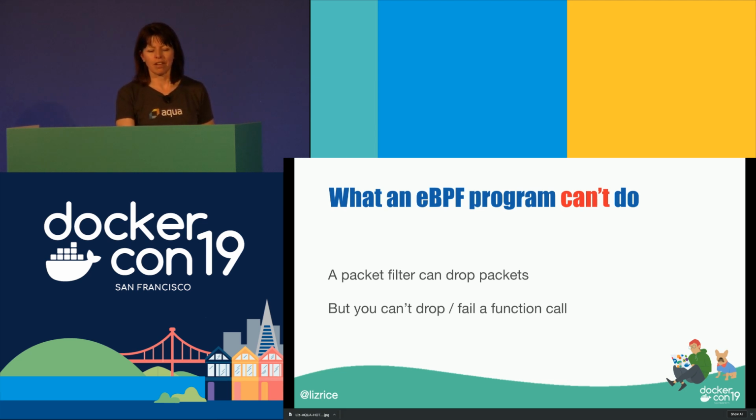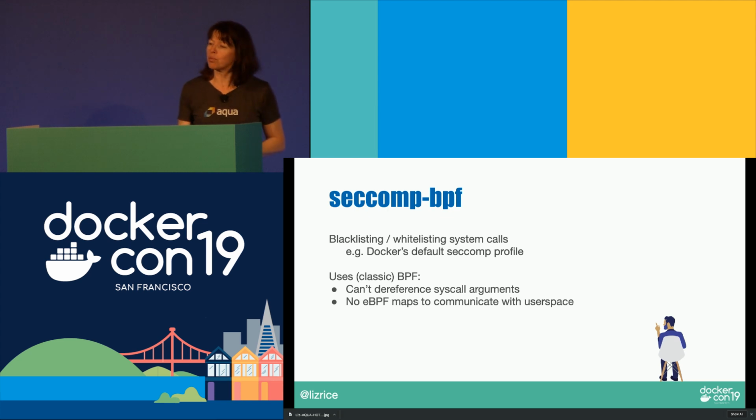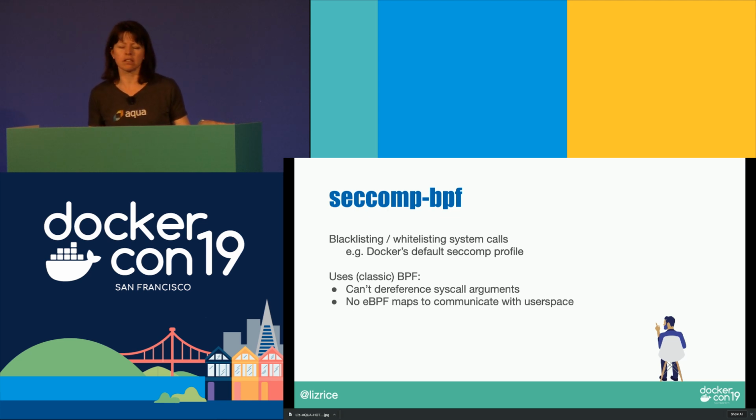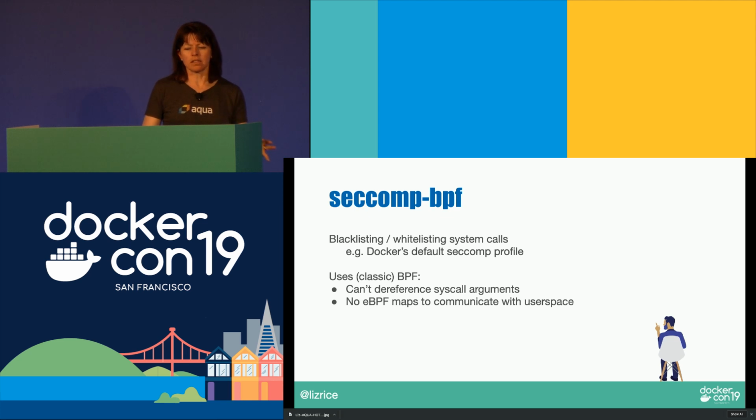Except, I mentioned that I think you're all probably using BPF. And the reason why I think you're using BPF, not eBPF, but BPF, is seccomp. Who's heard of seccomp? Okay, a few more hands. So seccomp is a way of allowing or disallowing a set of system calls for a process.